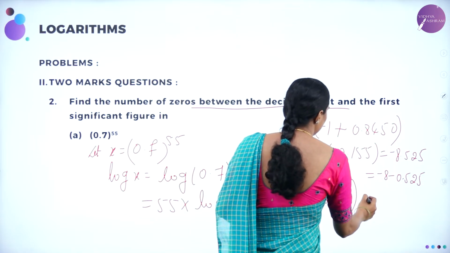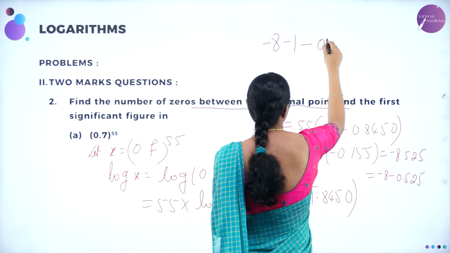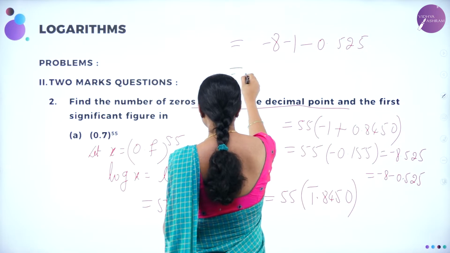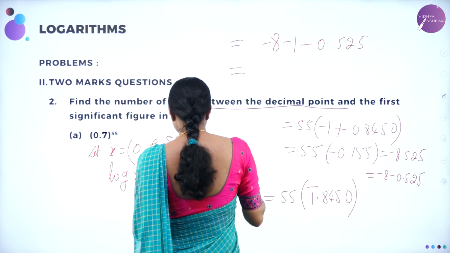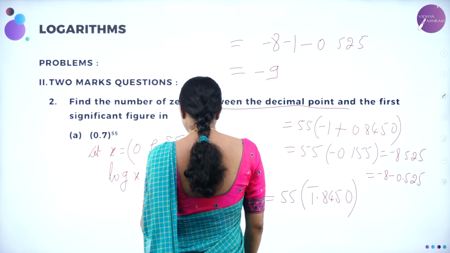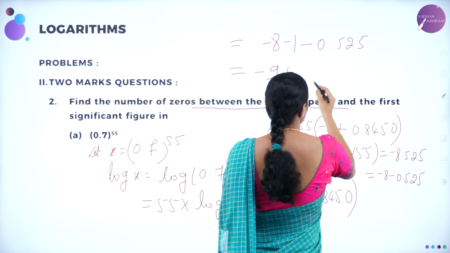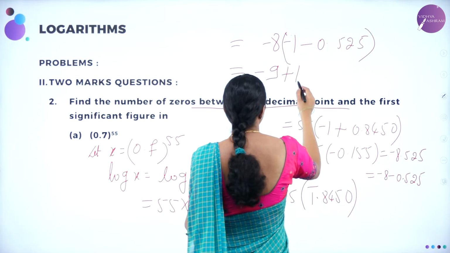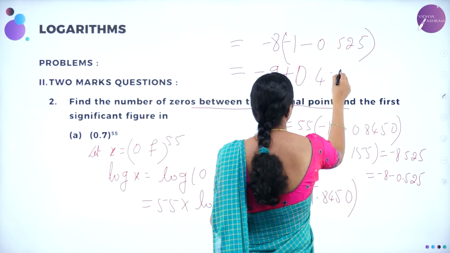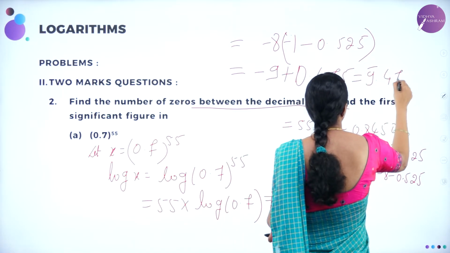The characteristic of minus 1, because minus 8 minus 1, so minus 9, and then plus, because minus of minus will become plus, 1 minus 0.525, what is that? 0.475. So the answer will be 9 bar 0.475.